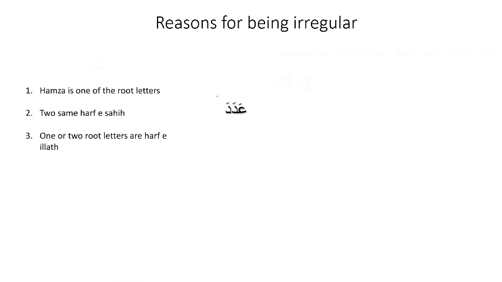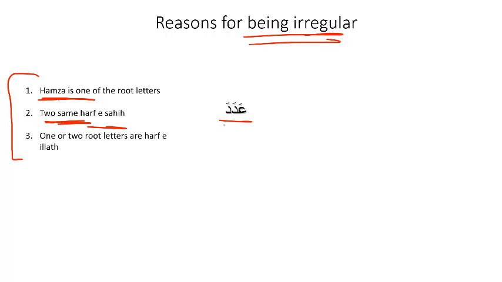All right. Now let's look at the different reasons for why a verb can be irregular. There are three broad reasons. One reason is that Hamza is one of the root letters. The other possible reason is that we have two of the same harfe sahi.